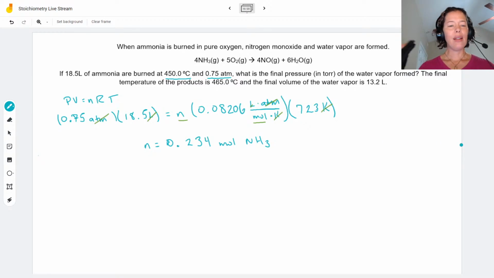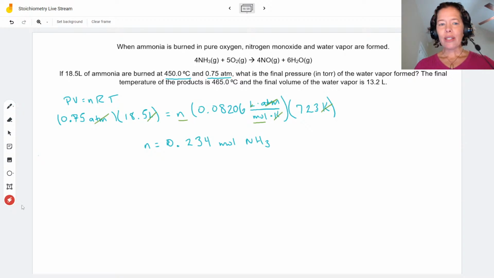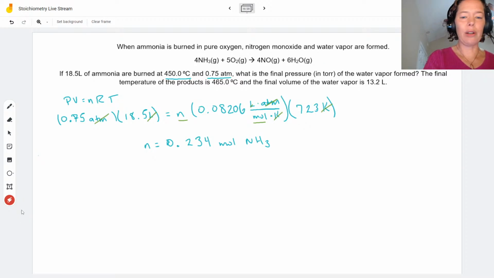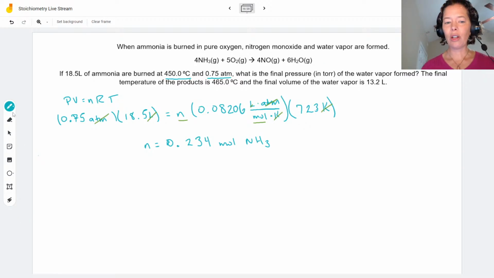Okay, that's great. We've got our moles of ammonia. We're maybe a little bit closer to answering our problem, but we're not there yet. So let's go back. Ammonia is taken care of, but again, we're trying to get to water vapor, so now I am going to use my mole ratio to convert from my moles of ammonia to my moles of water. I'm going to start a new calculation.